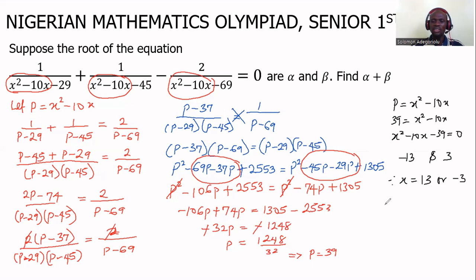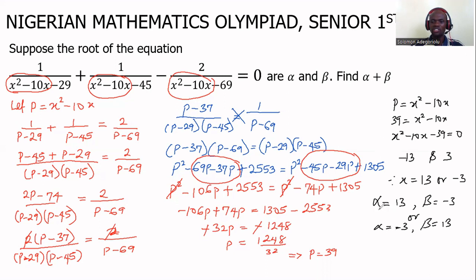We can now relate that to alpha is equal to 13 and beta is equal to minus 3. Or we have alpha is equal to minus 3 and beta is equal to 13. The question says we should find alpha plus beta.